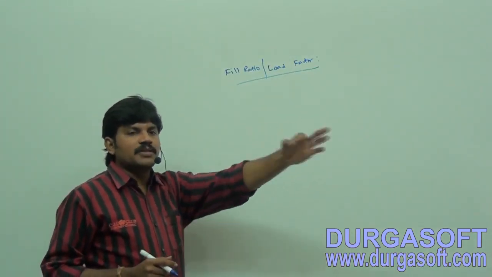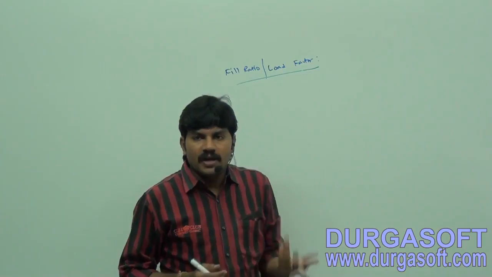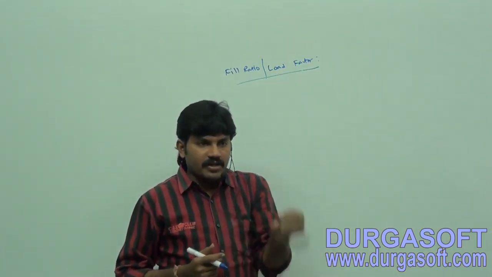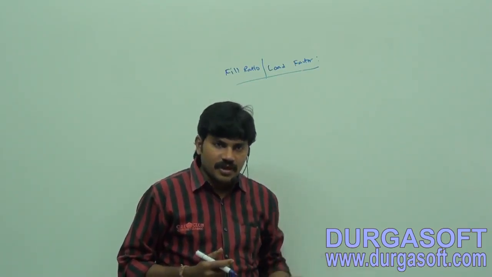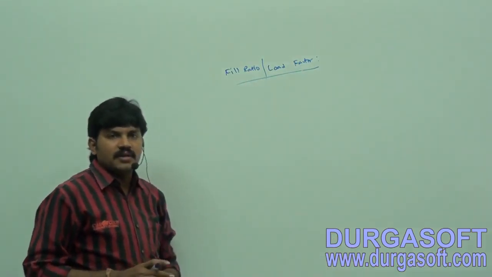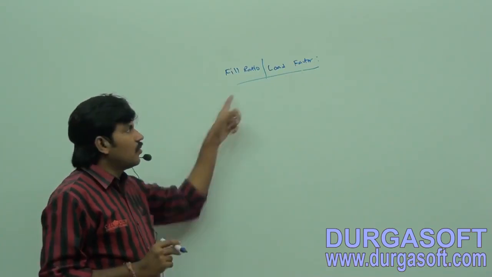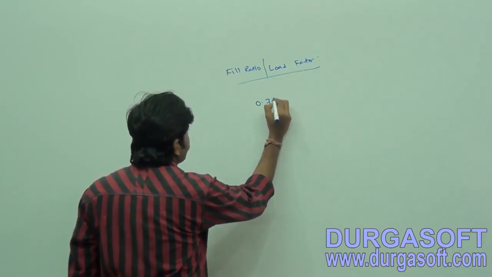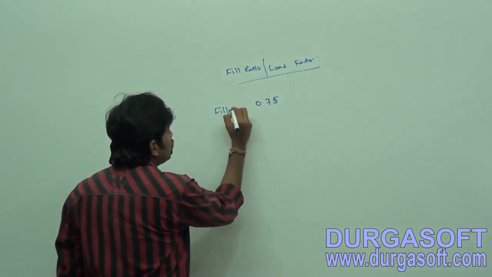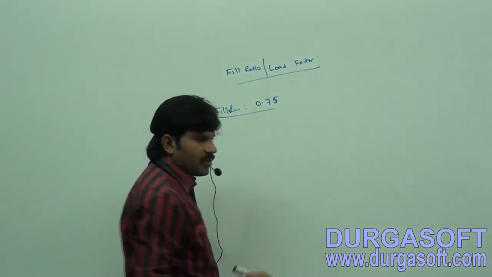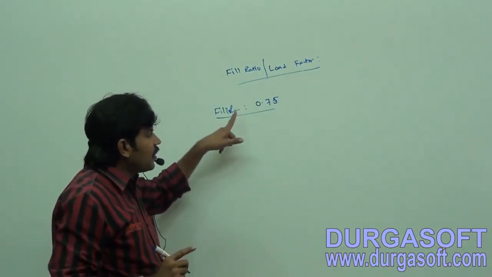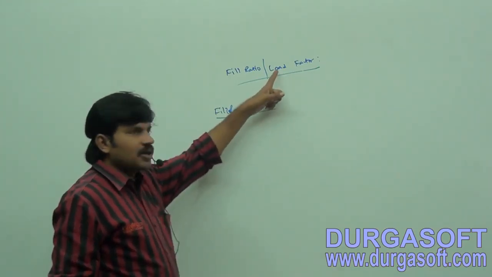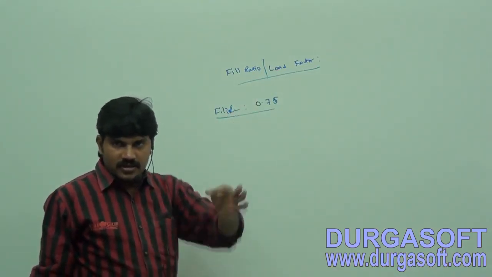After loading 0.75, a new HashSet object is created. So the default fill ratio is 0.75. Fill ratio 0.75 means that after filling 75% ratio, automatically a new HashSet object is going to be created. Correct or not?